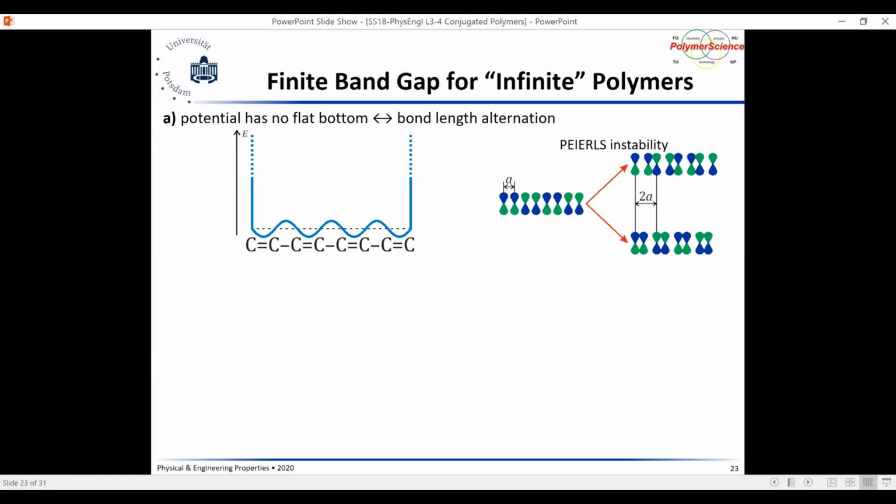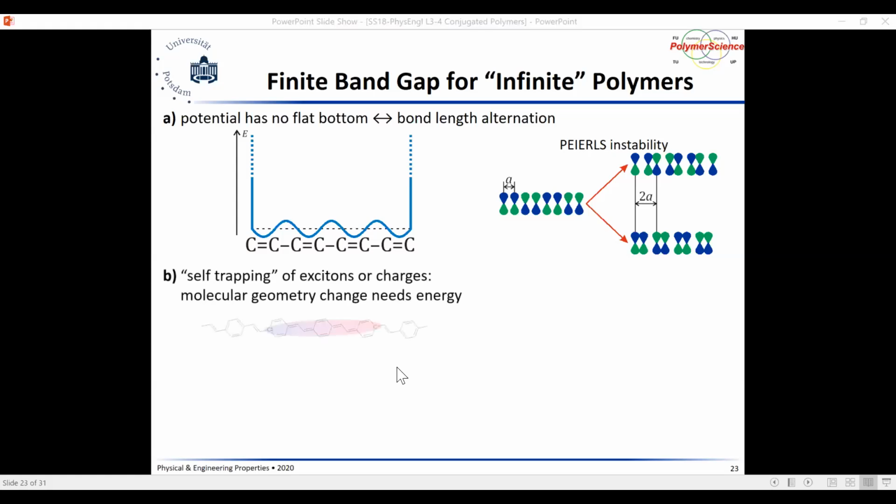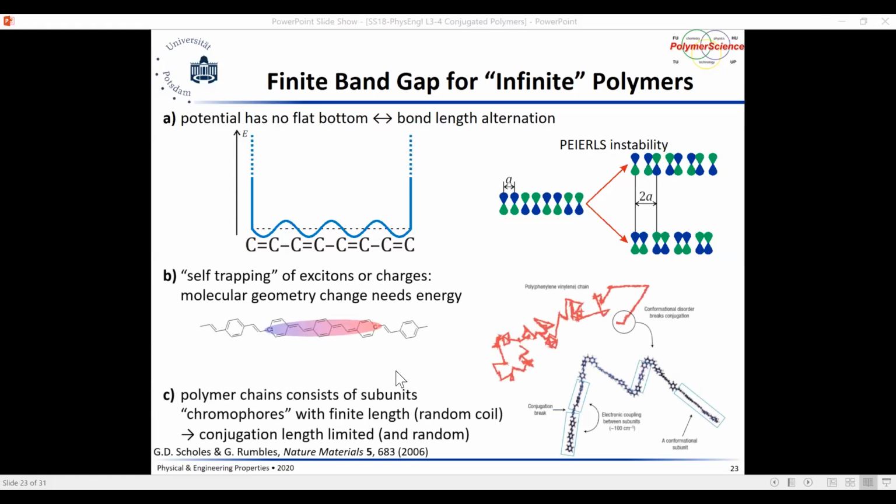Okay. We described the potential well and how we can calculate the energies. But the one thing to bear in mind is that the potential doesn't have a flat band, because we have alternation between single and double bonds and the bond length changes.